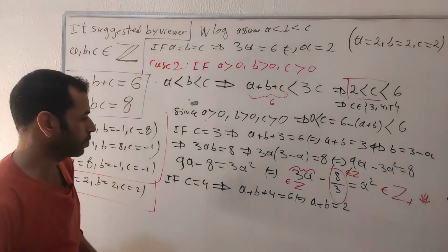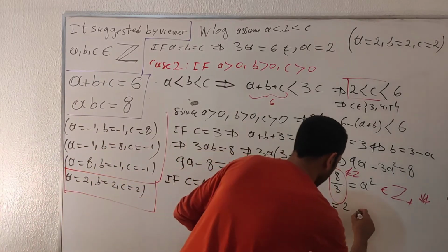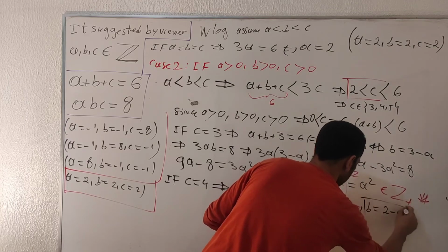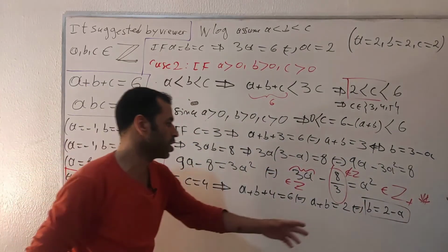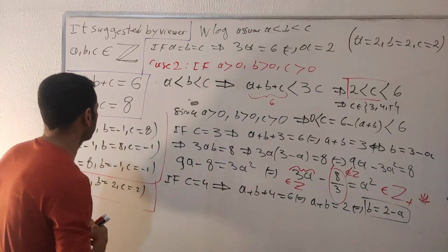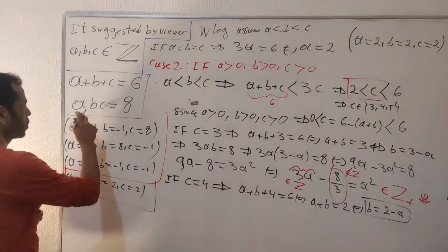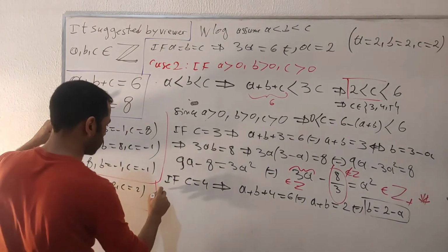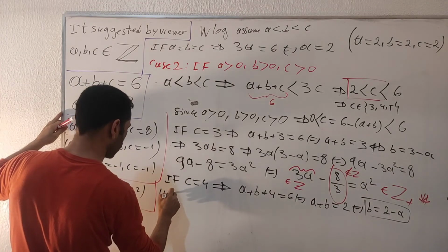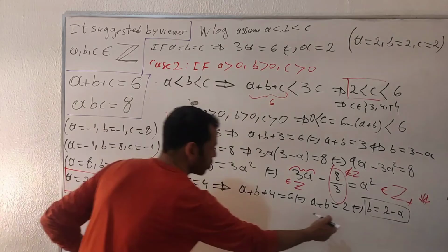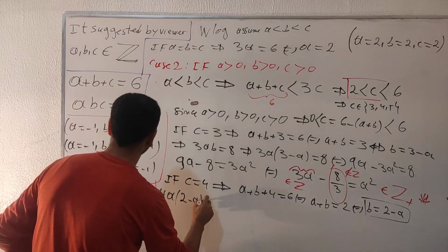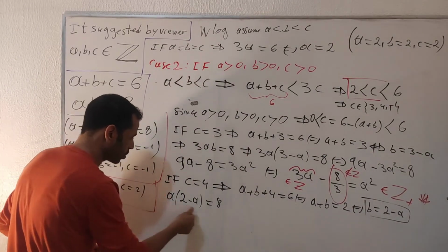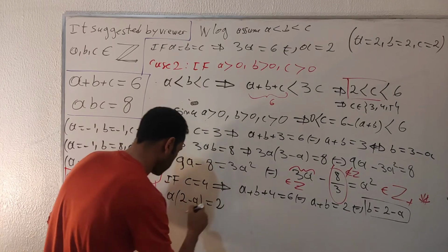Then extracting the value of B from this equation, I get B equals 2 minus A. Then taking advantage of this value and plugging it into the second equation, replacing C with 4, I get 4 times A multiplied by B, which is 2 minus A, equals 8. Dividing both sides by 4, I take this 4 out of here, I get 2 here.